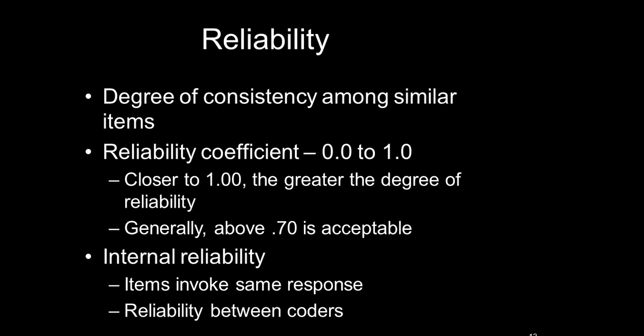Again, an example on page 112 of the third edition has an instrument measuring the subjective norm that has achieved a reliability of only 0.61, and thus readers of the research study knew to be cautious when interpreting results associated with that variable.